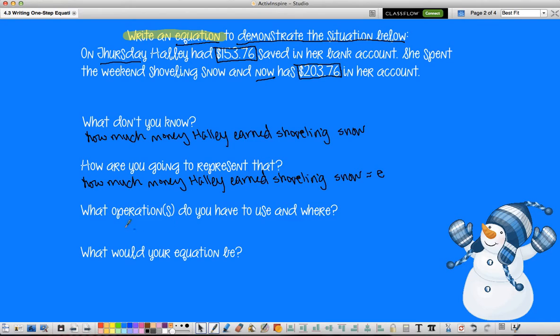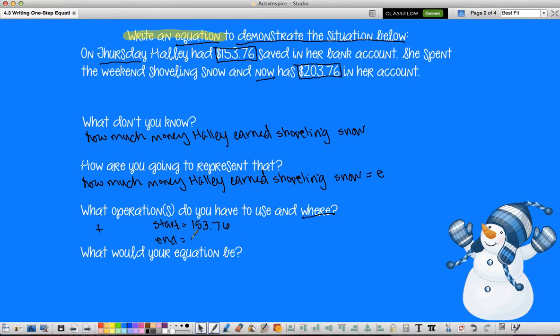Okay, and what operation am I going to use? I'm going to add. Now, the key part here is where. I'm going to add, and we have to think of where she started and where she ended. So she started with $153.76. Oops, not 15, 153.